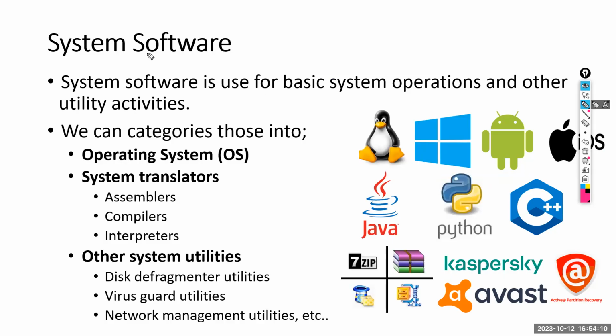Basically, system software means software that we use to do the basic system operation, so that is why we call it system software. It is pretty close to firmware, right? Sometimes it's difficult to differentiate between system software and firmware, but firmware is lower-level system software, closer to the hardware, while a little higher-level system software is called system software.